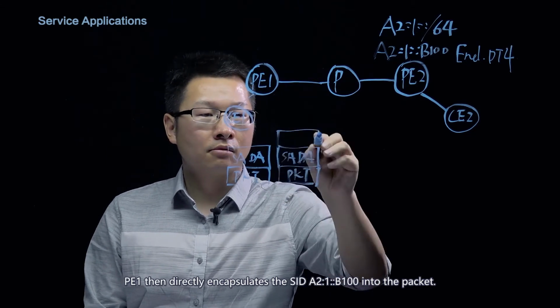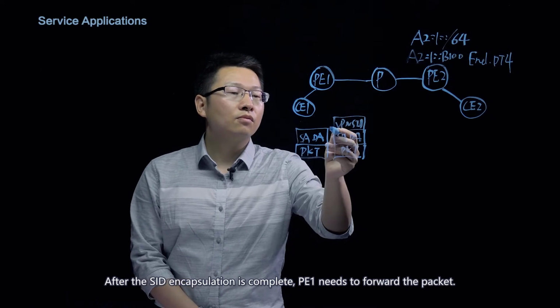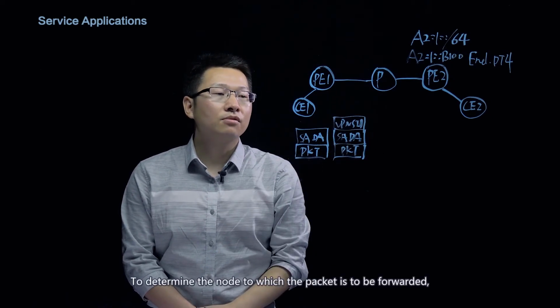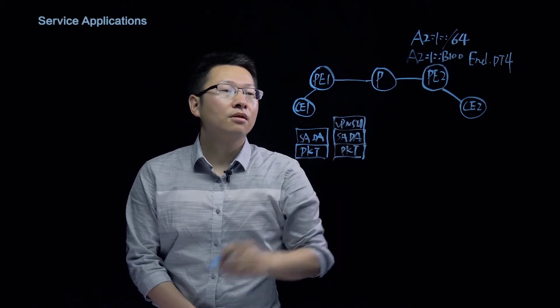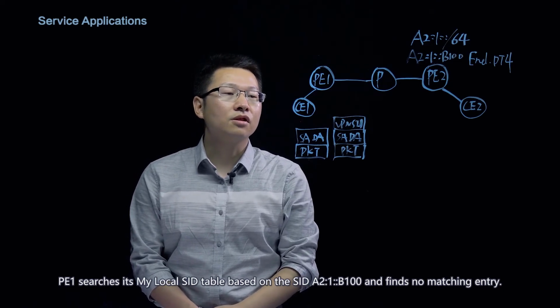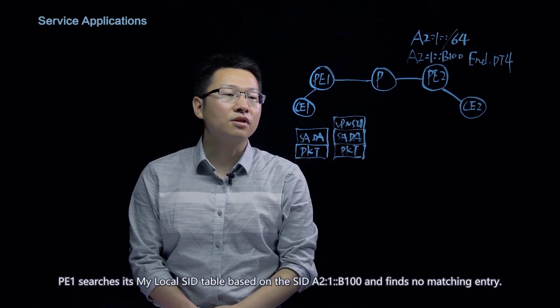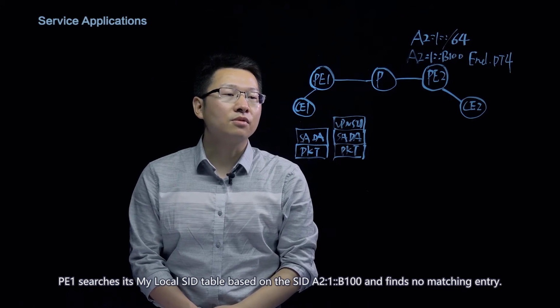A2:1::B100 into the packet. After the SID encapsulation is complete, P1 needs to forward the packet. To determine the node to which the packet is to be forwarded, P1 searches its My Local SID table based on the SID A2:1::B100 and finds no matching entry.